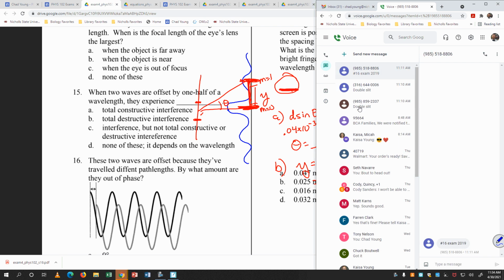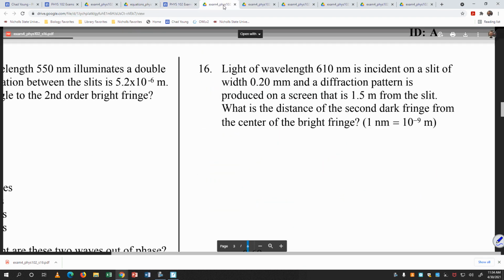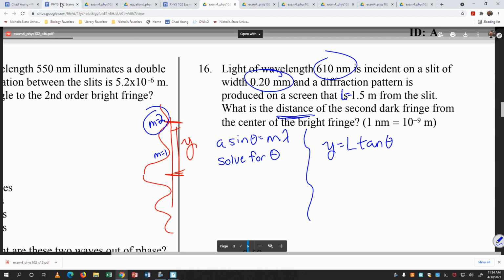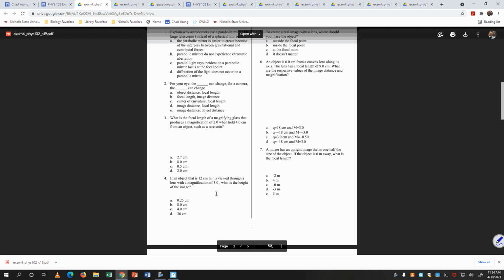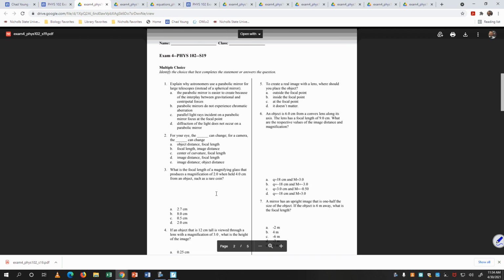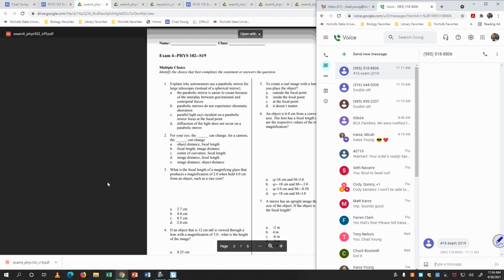All right, let's do number 16 on exam 2019, but then we'll come back to the double slit. Okay, let's just recap that though. Number 16.